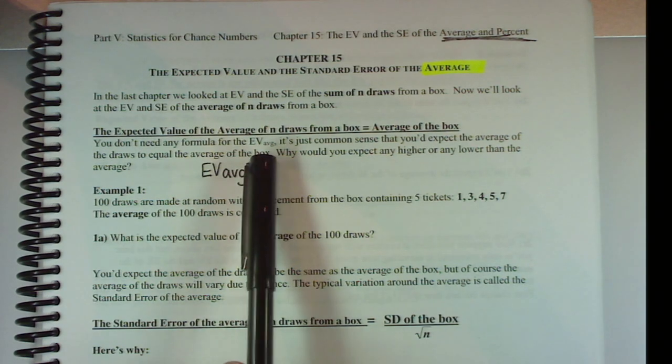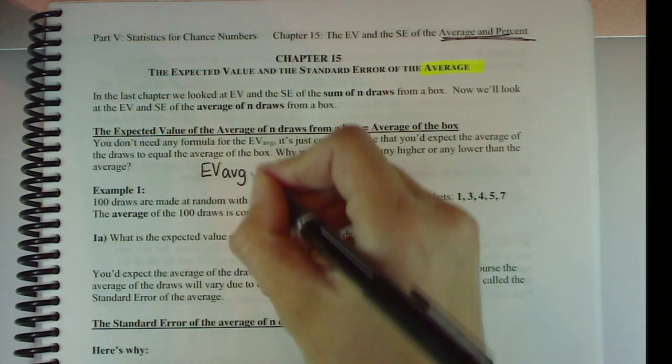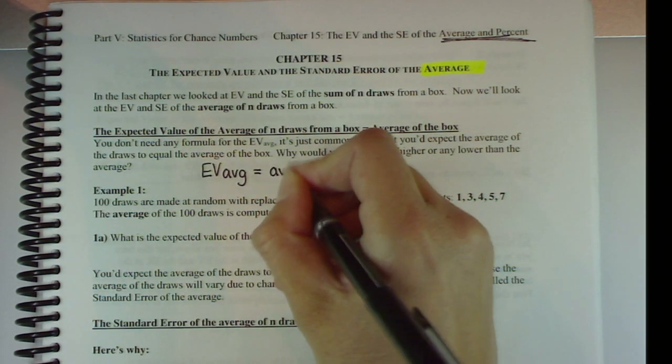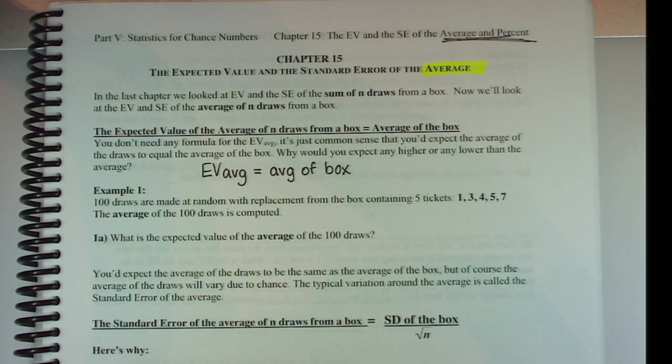But sometimes you want the average. Like if I wanted to know something about our class, like, I don't know, what are your GPAs? I wouldn't want to add up all your GPAs. Instead, I'd want to take the average. So the expected value of the average, nice thing is, it's just the average of the box. Expected value of the average of n draws is just the average of the box. So this one's easy to remember.